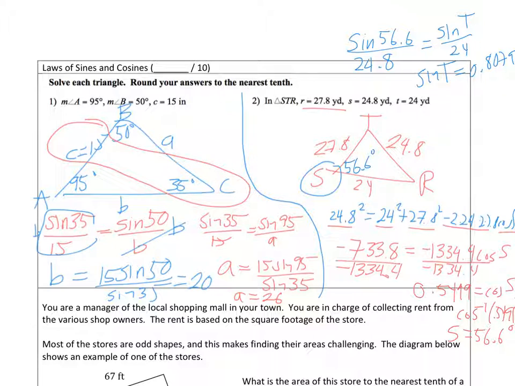If I do arc sine of that, or inverse sine of that, we end up getting t is equal to 53.89 degrees. And then using my third angle theorem, so 53.89, I could do 180 minus 53.89 minus 56.6, and we get 69.51 degrees.